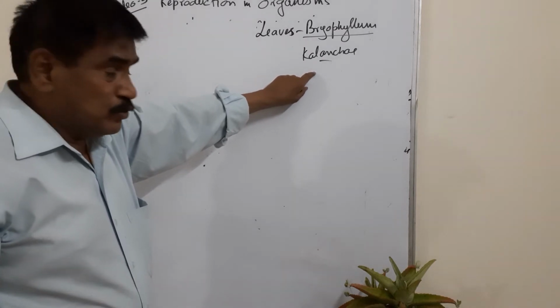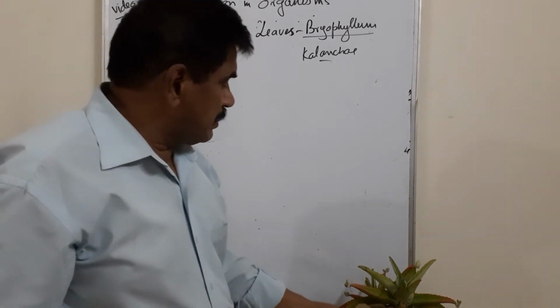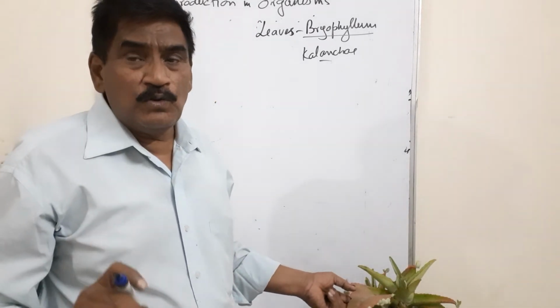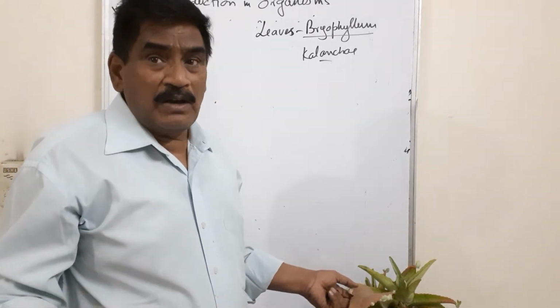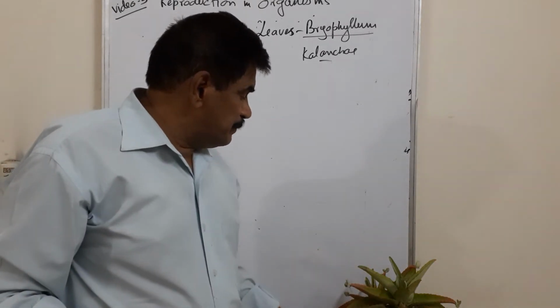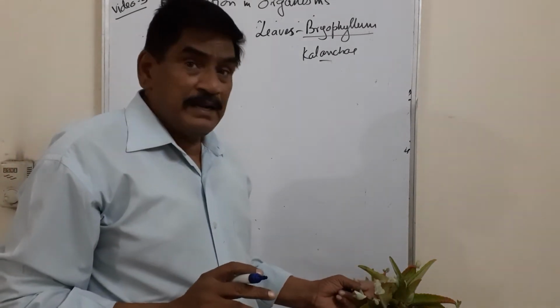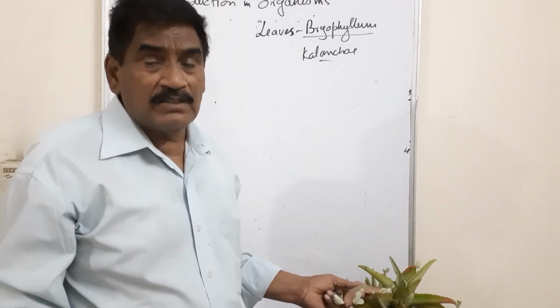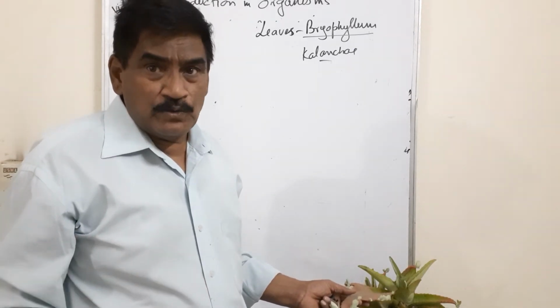It's my pleasure to show you the plant Bryophyllum. Bryophyllum is a very common plant that is grown in our lawns, our gardens. The leaves produce buds. Usually what happens is, when the Bryophyllum mature leaf falls on the ground, the buds are produced.